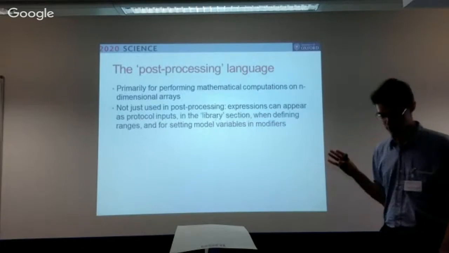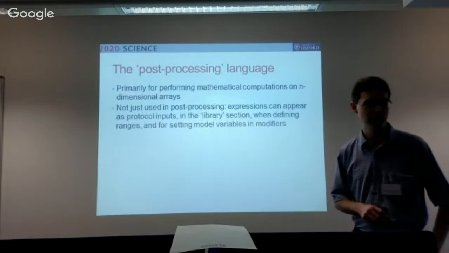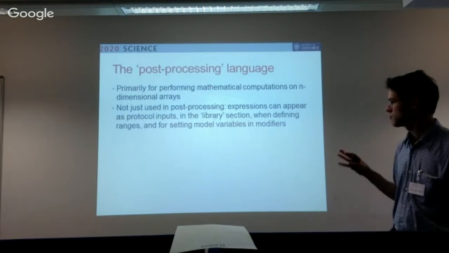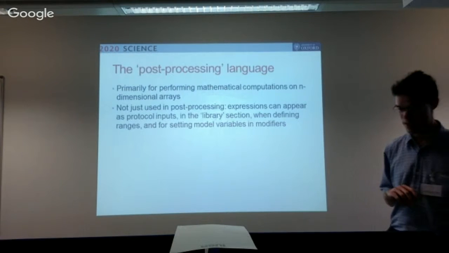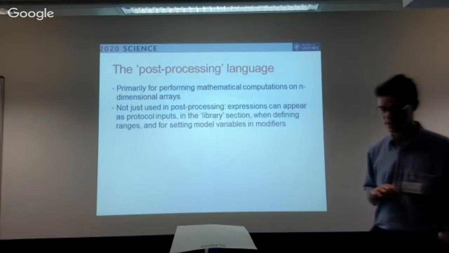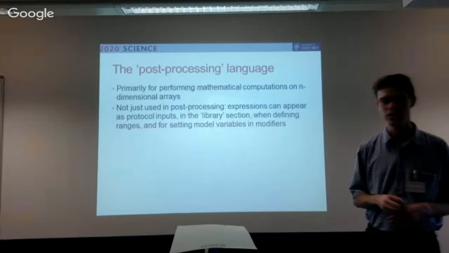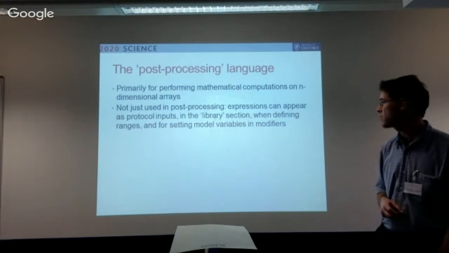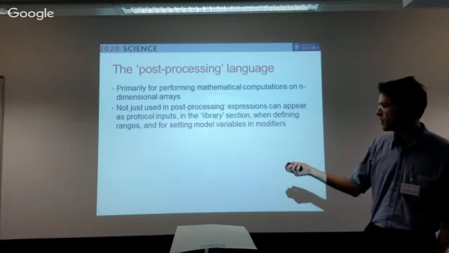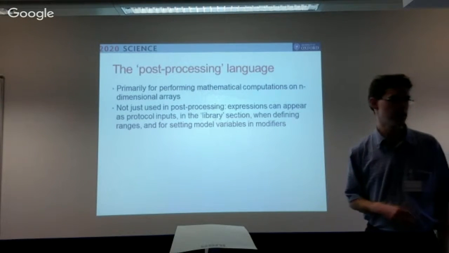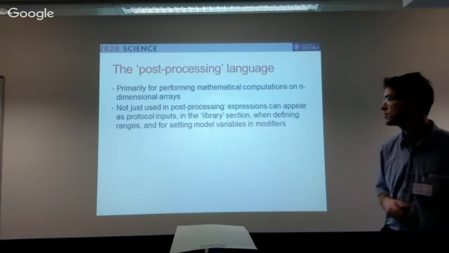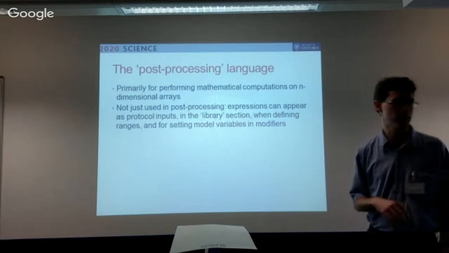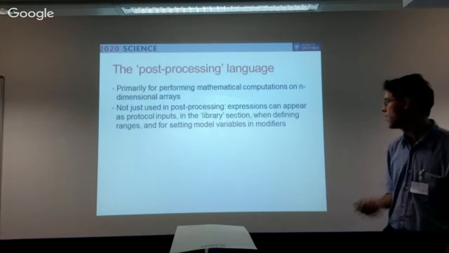So I'm calling this the post-processing bit of the language because that's mostly where it's used, but it comes up elsewhere as well. It's primarily for performing mathematical operations on n-dimensional arrays and just general mathematics on numbers as well. And these expressions come up in various places. So protocol inputs have default values that can be defined by arbitrary expressions. They can be arrays. The library section is often defining functions for use in post-processing.